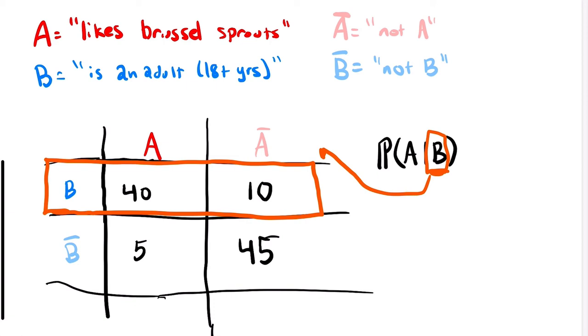So 40 of those adults like Brussels sprouts, out of 40 plus 10 total adults, which is 0.8 or 80%.